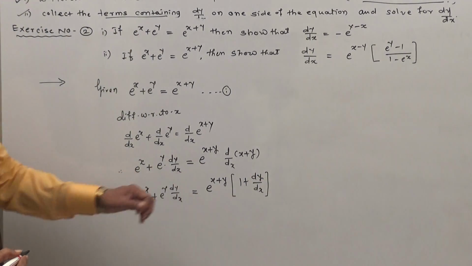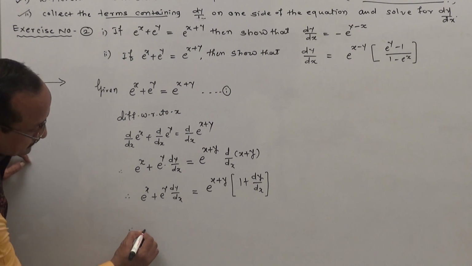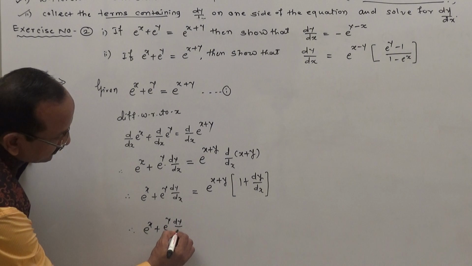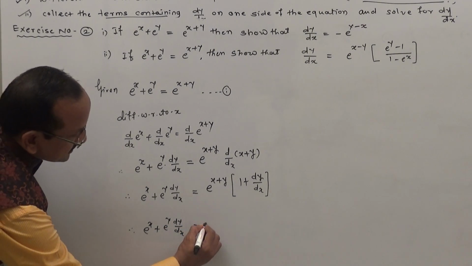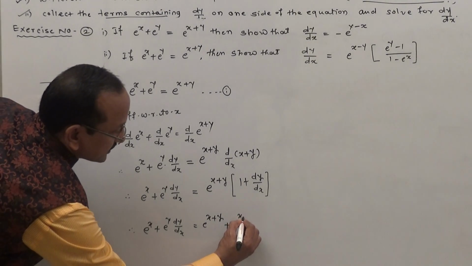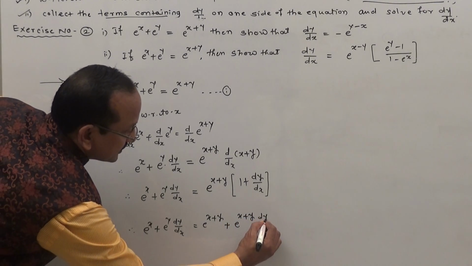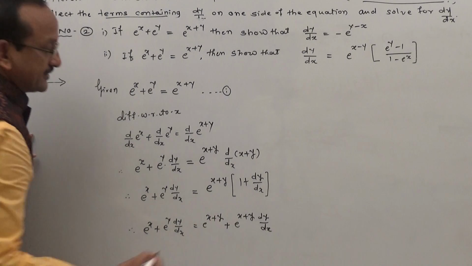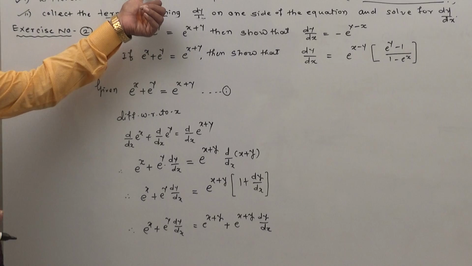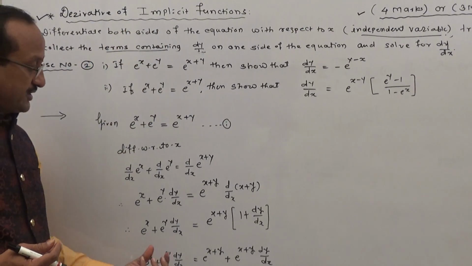Now open the bracket, e raised to power x plus e raised to power y dy by dx is e raised to power x plus y plus e raised to power x plus y into dy by dx. Now by implicit function, what is the implicit function?